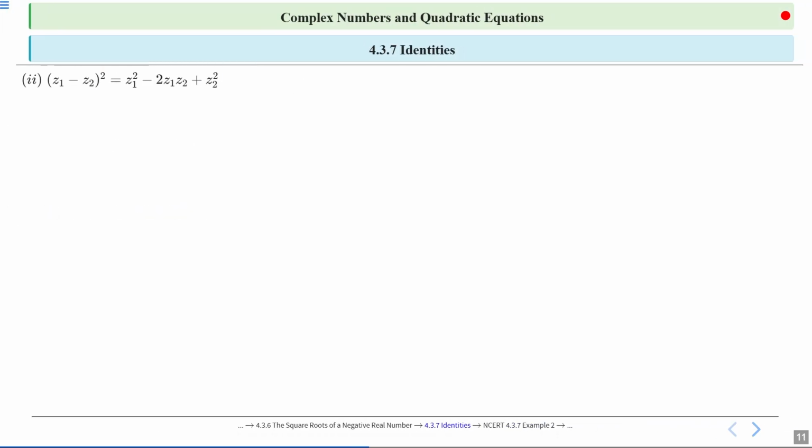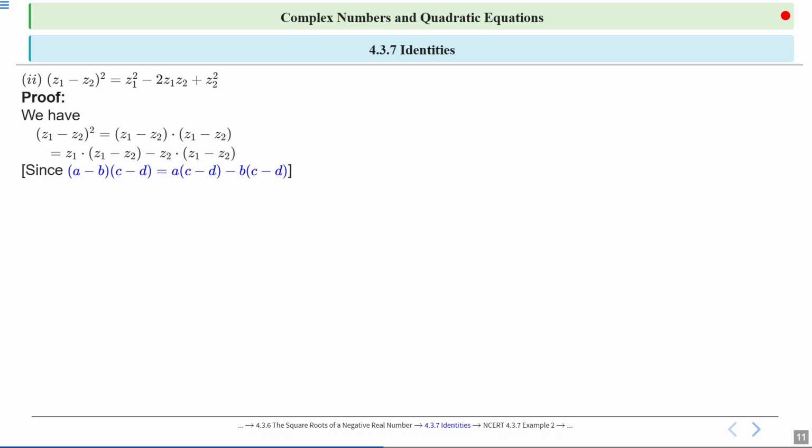Now let's look at another important algebraic identity: z1 minus z2 whole square equals z1 square minus 2 times z1 times z2 plus z2 square. So let's go through the proof of this identity step by step. We have z1 minus z2 whole square, and this can be written as z1 minus z2 times z1 minus z2.